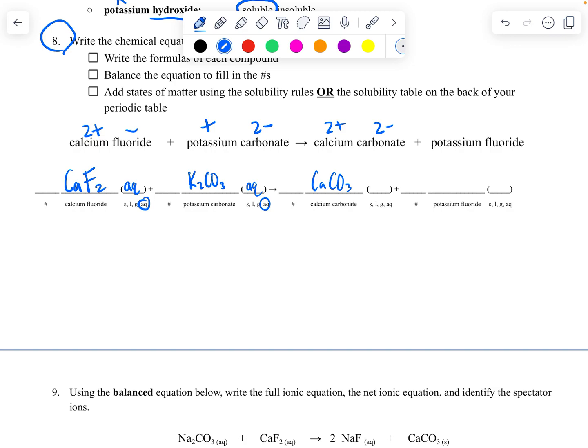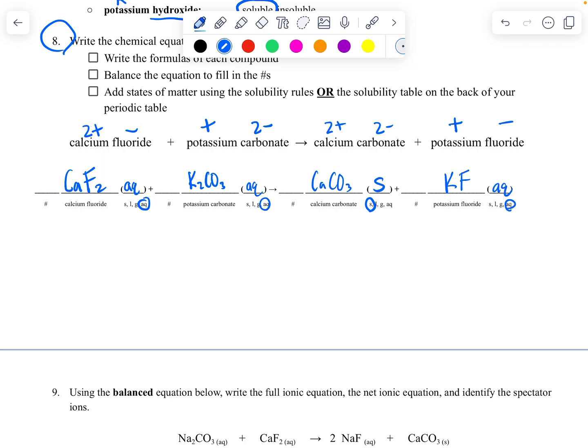Calcium is actually not an alkali metal because it belongs to group 2 metals, which is alkaline earth metals. Therefore, this is the one that will produce solids. Okay? Potassium is plus, minus, KF. Okay, that's it. And this one is aqueous.